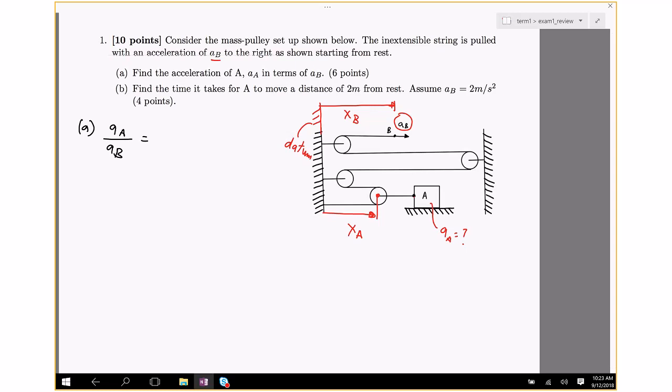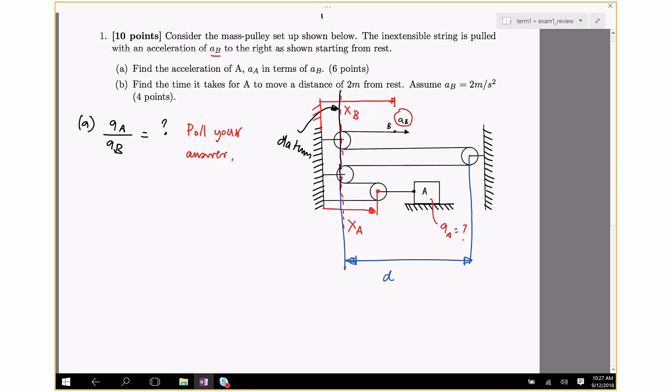So find AA divided by AB and poll your answer. Okay, I'll start solving in about 30 seconds.